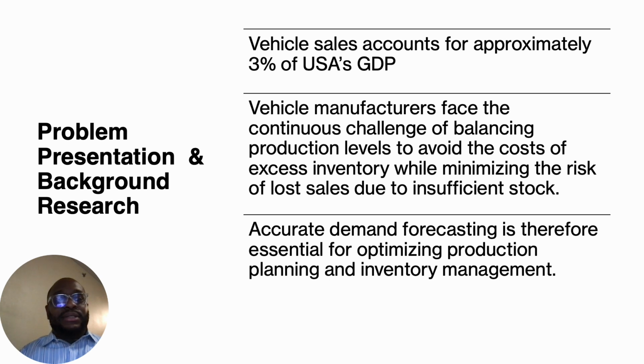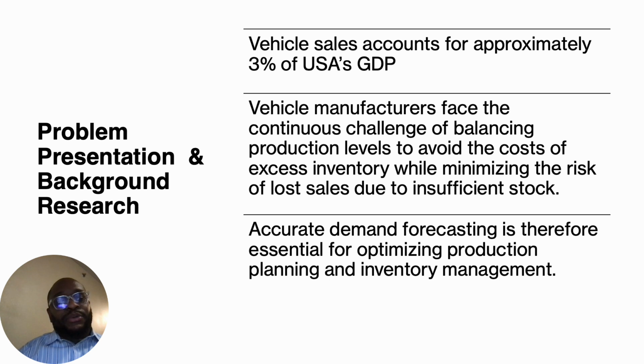Vehicle sales account for about 3% of the United States GDP, making vehicle manufacturing an important sector. So it stands to reason why there's a need for research on forecasting demand for vehicles, because one of the problems faced by manufacturers is the challenge of balancing production levels.